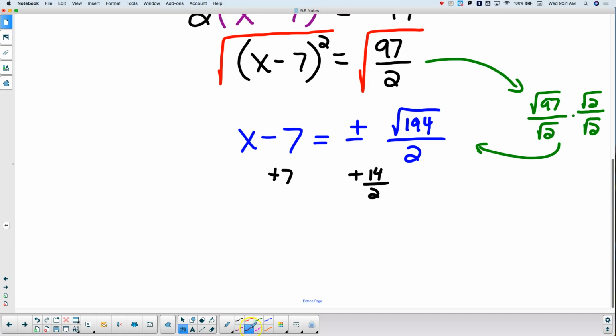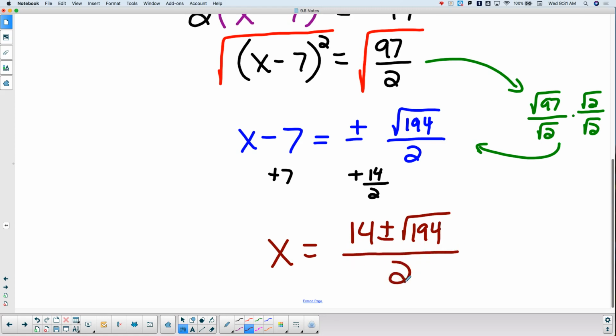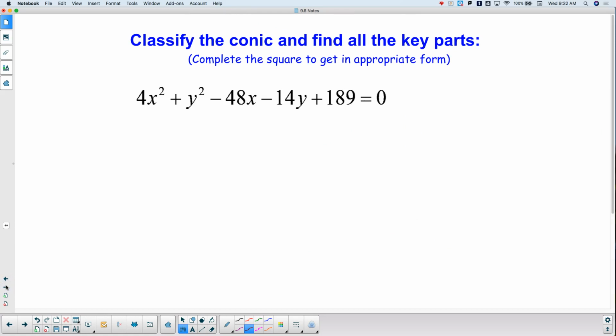So that gives me x equals 14 plus or minus the square root of 194 all over 2. Good times.